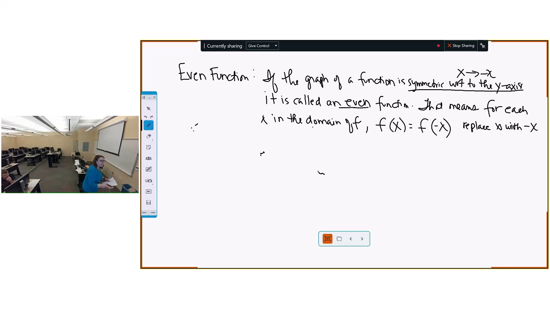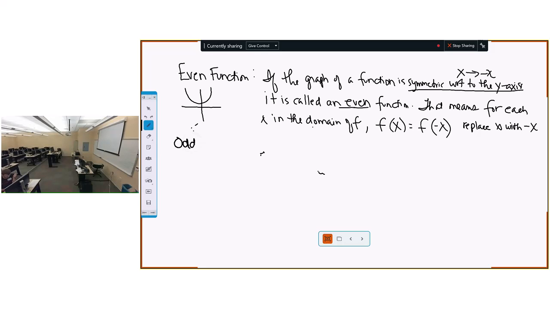If you can do that, then you're going to get an even function. And an even function looks something like this. Okay? It's not perfect, but if you folded the graph along the y-axis, you would get a mirror image of each other.